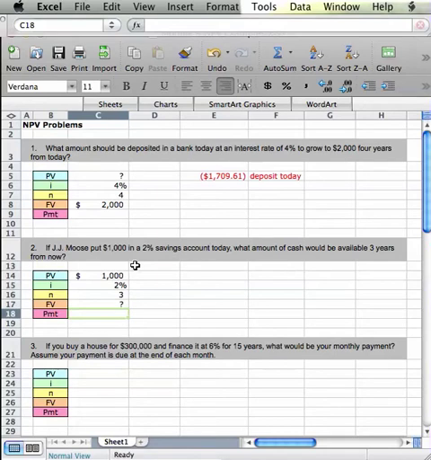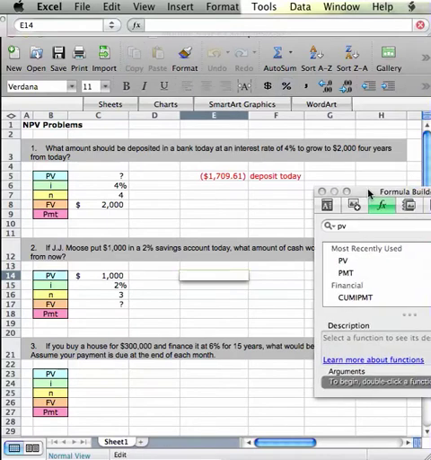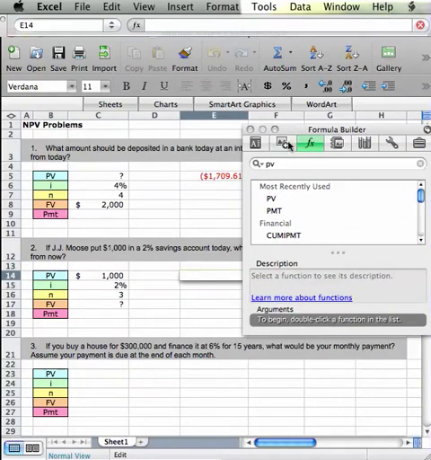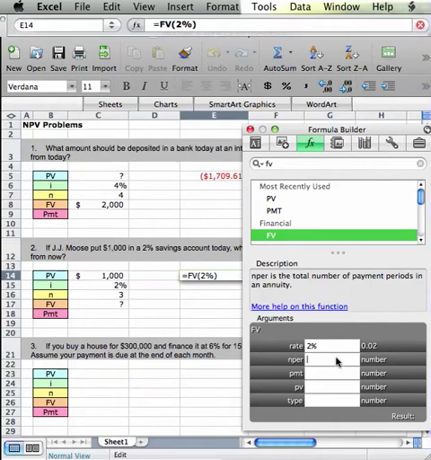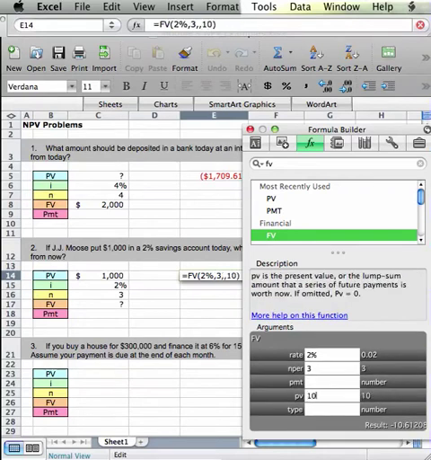In this example, we also do not have any payments. So we'll go ahead and insert an Excel function for future value, because we're solving for future value. So we'll search for future value, and once we select that, again, we'll be given the boxes in order to enter our inputs. Our rate here, 2%. Number of periods we just identified were 3. No payments, and the present value is 1,000.